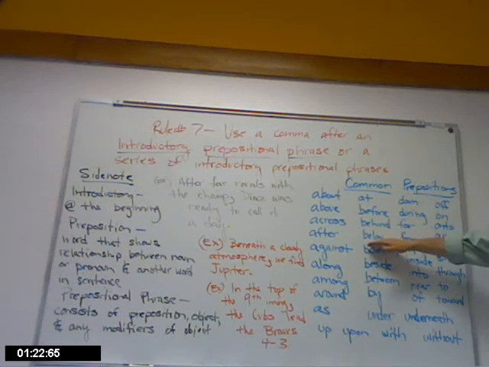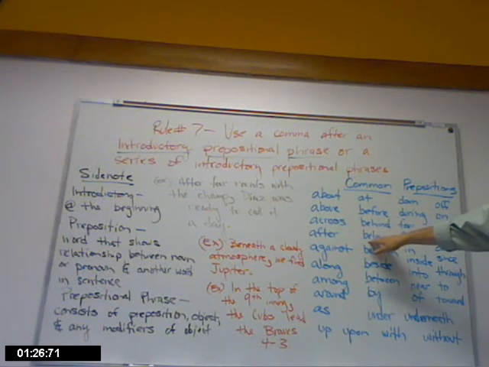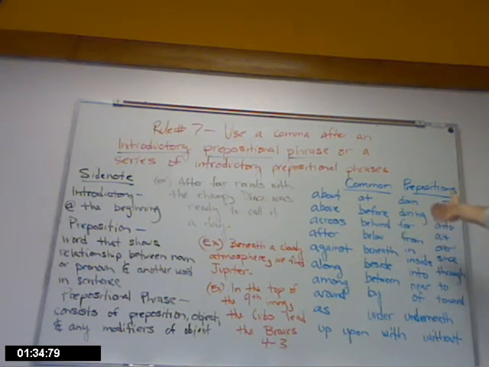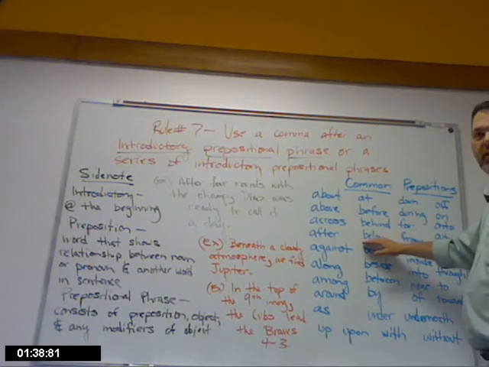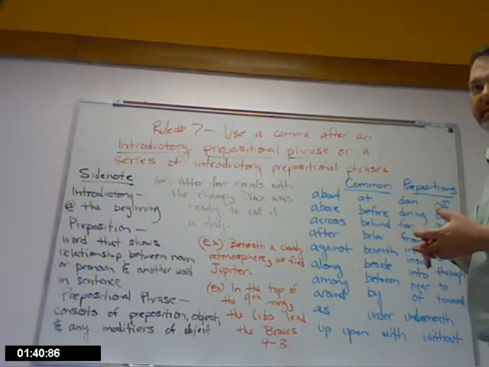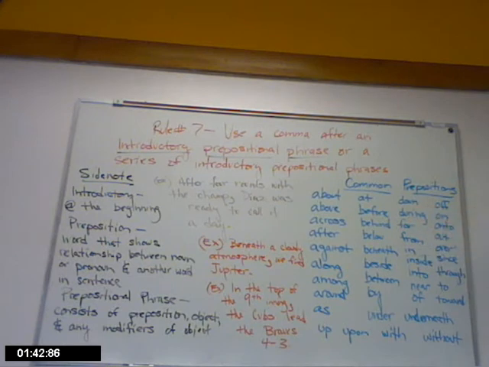The book was below the desk, so below is our preposition, and desk is the object of the preposition, and that shows where the book was in relationship to the desk. So that's how a prepositional phrase works. And a prepositional phrase must start with a preposition.